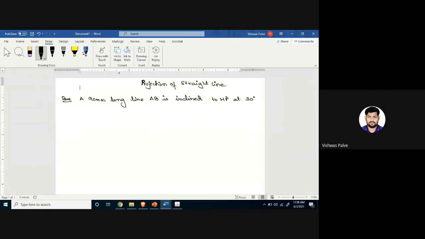A 90 mm long line AB is inclined to HP at 30 degree and 45 degree to VP, vertical plane.